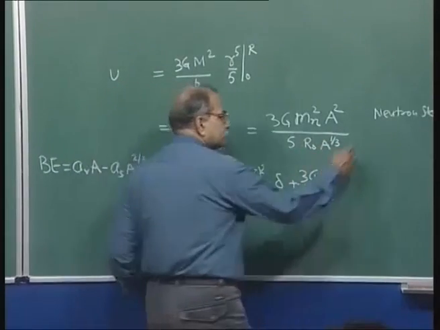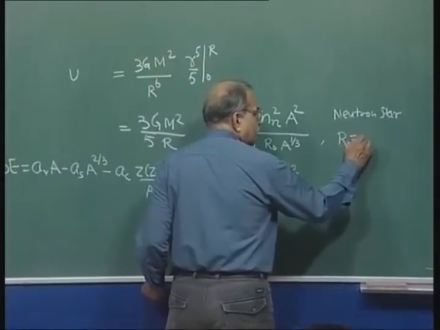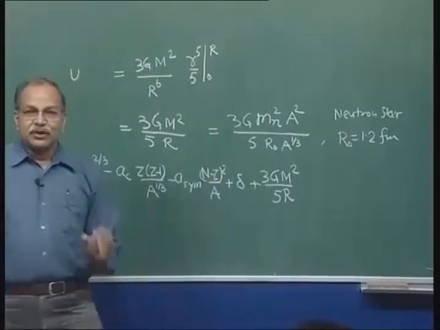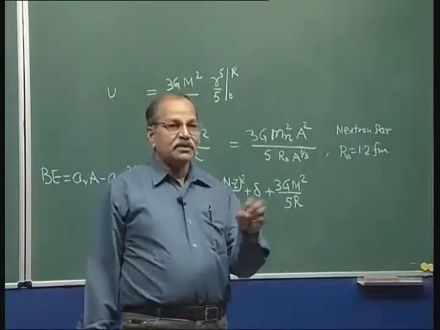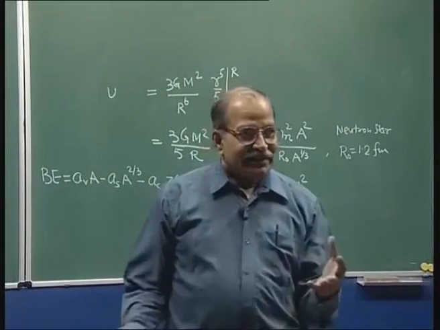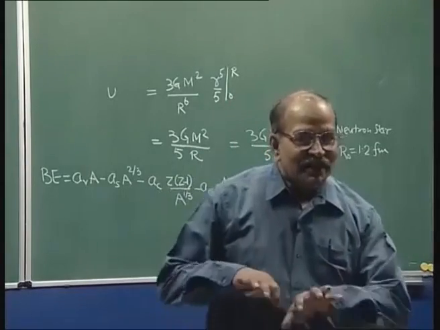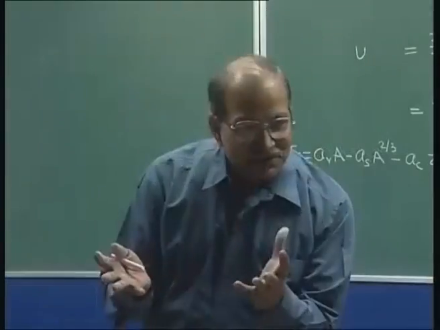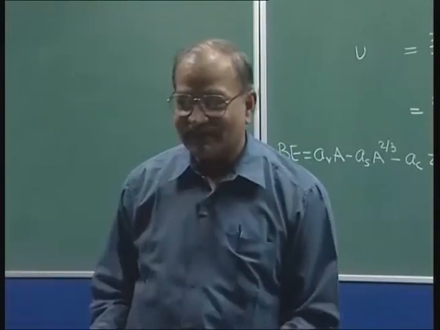What is r naught? 1.2 femtometers. Once again, this 1.2 femtometers times capital A to the power 1 by 3, that we obtained from measurement of radii of the commonly available nuclei, right.